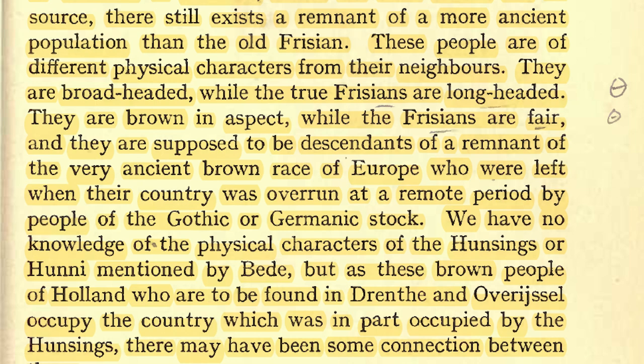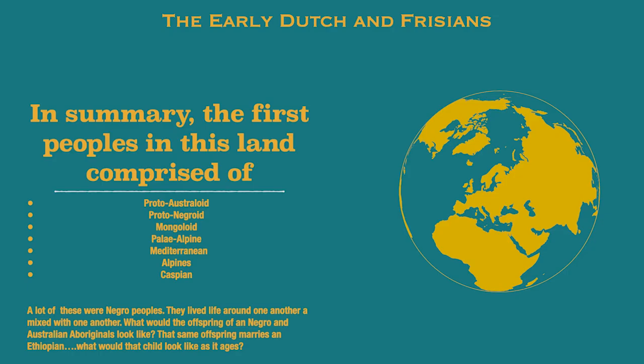But how can that be when you have a person occupying that country longer than the people who became associated with Frisians? They were brown people. So in summary, the early Dutch and Frisian peoples comprised what type of peoples?